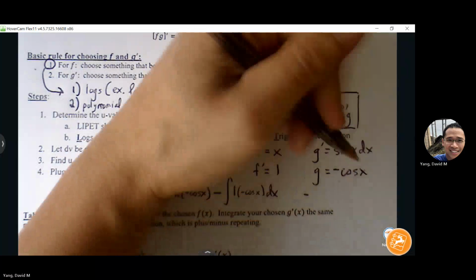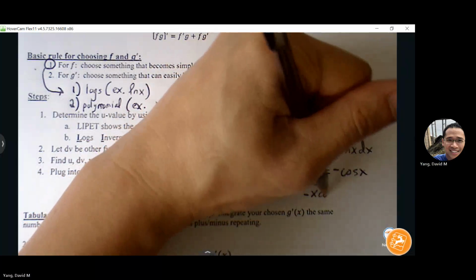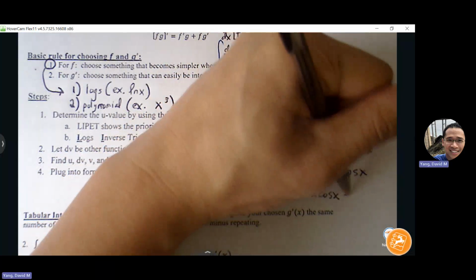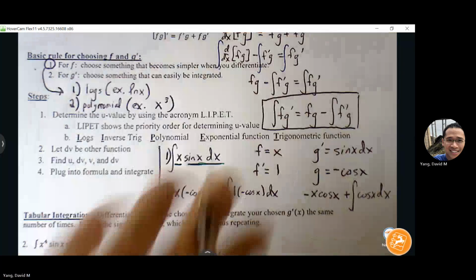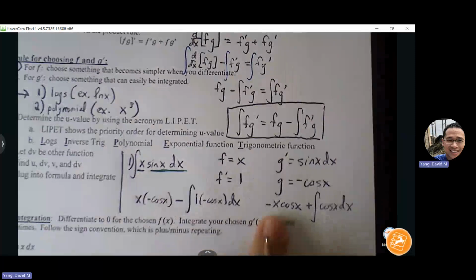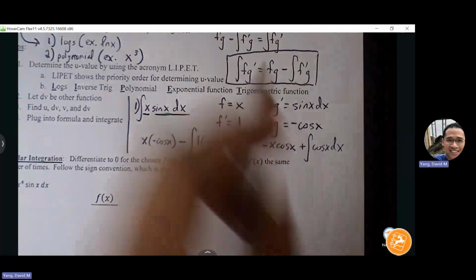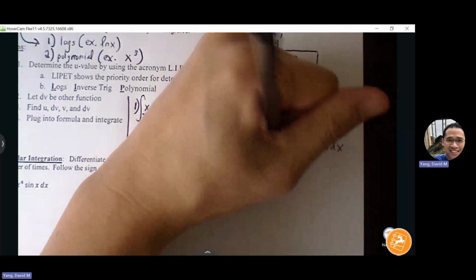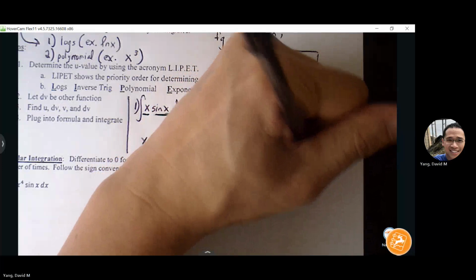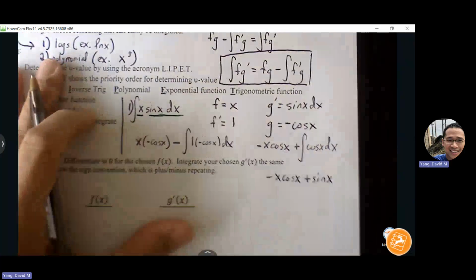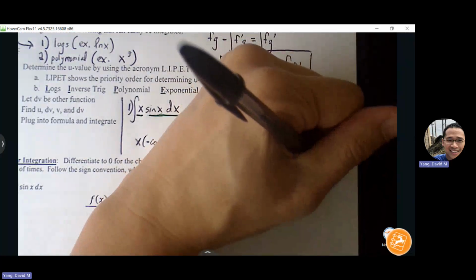Let me take my next step in getting closer to my answer here. So this portion is complete. What's the integral of cosine? Sine, yep. So then our answer is negative x cosine x plus sine x. And now this is an indefinite integral. We can now include that plus c here.